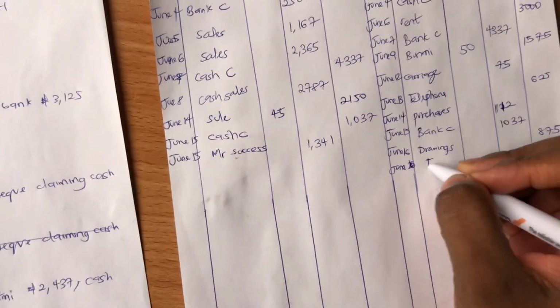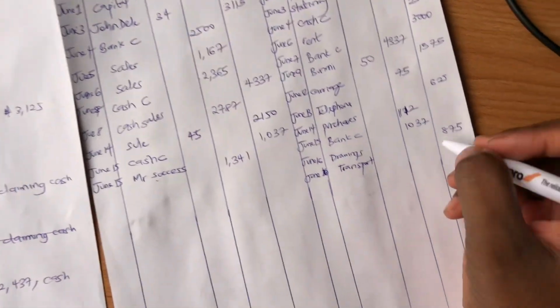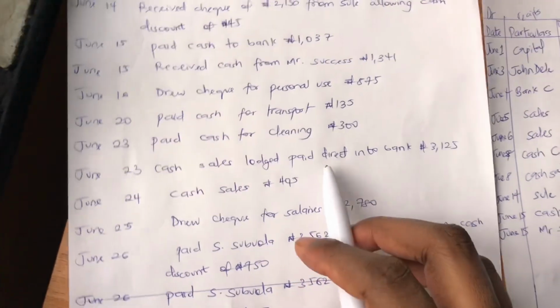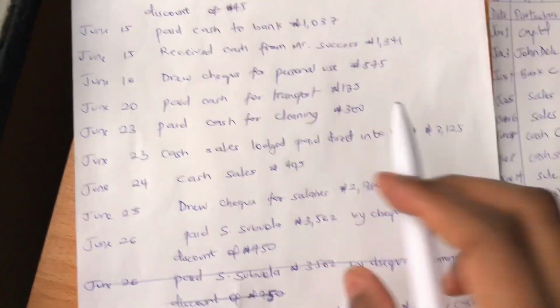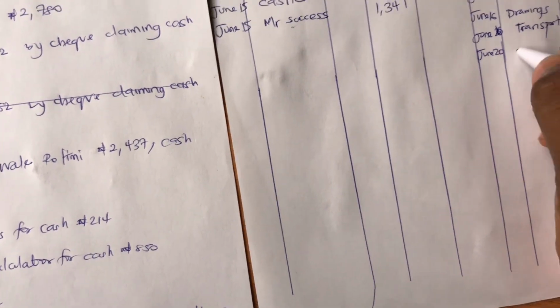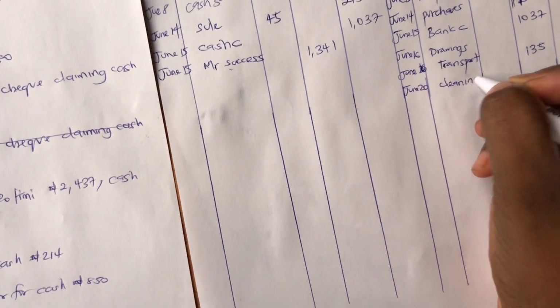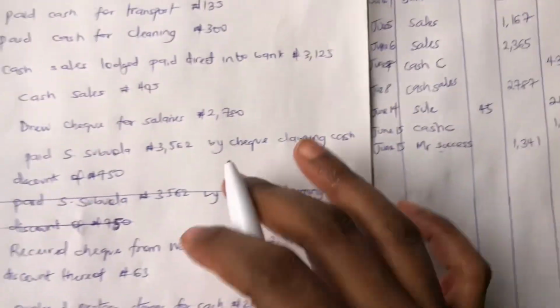Paid cash for transport at 135 naira. Then the next transaction is June 23. Paid cash for cleaning at 300 naira. It's also a payment. Cleaning. It's under the cash column because they paid cash.